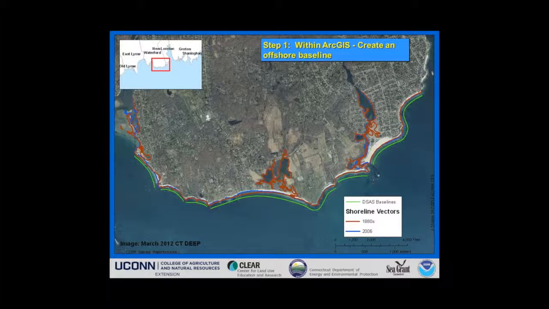I'll explain why in a minute, but basically we have to be offshore of these line features, and that baseline has to be parallel to the shoreline for areas where we're doing our analysis. And we worked that out in a lot of detail, going back and forth, Kevin and I, to come up with this latest data set.